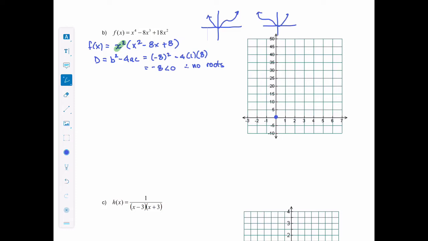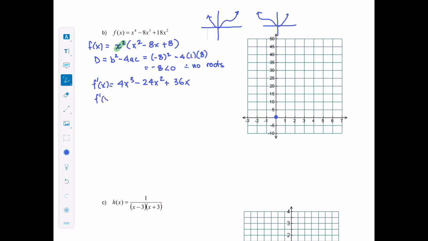So here we go. We have f prime of x, which is equal to, I'm taking the derivative of the original function, not the factored function, right? 4x cubed minus 24x squared plus 36x. And once again, these are big numbers, so I'm going to factor whatever I can.